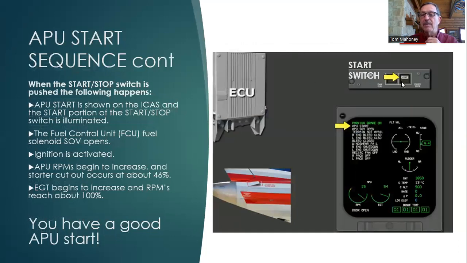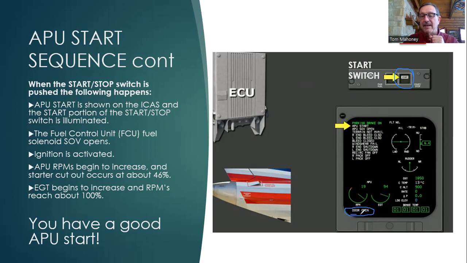And that is to push the start-stop switch right here. So once we've got the previous indications showing, then we can press that start-stop switch. Basically, you can push it as soon as you see this happen.